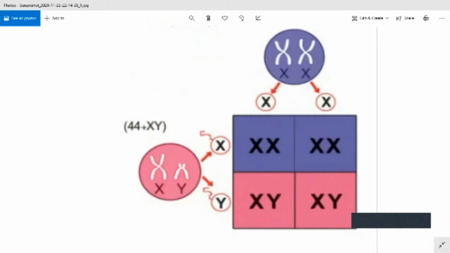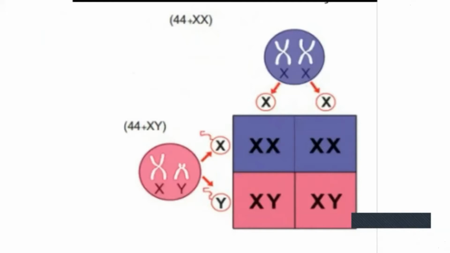Okay, so for the female, 44 plus XX is the genetic constitution, and for male, 44 plus XY is the genetic constitution. So in female, the 2 sex chromosomes present are 2 X chromosomes. In male, 1 X and 1 Y chromosome are present.